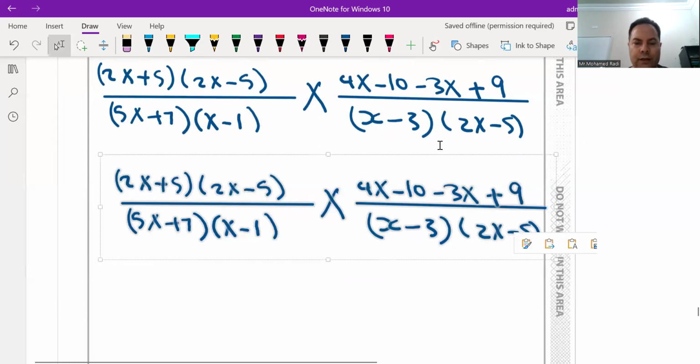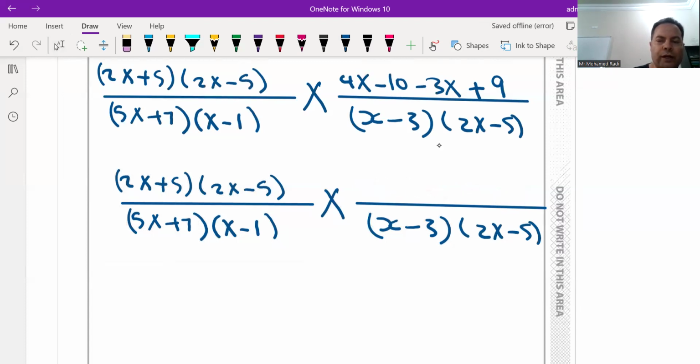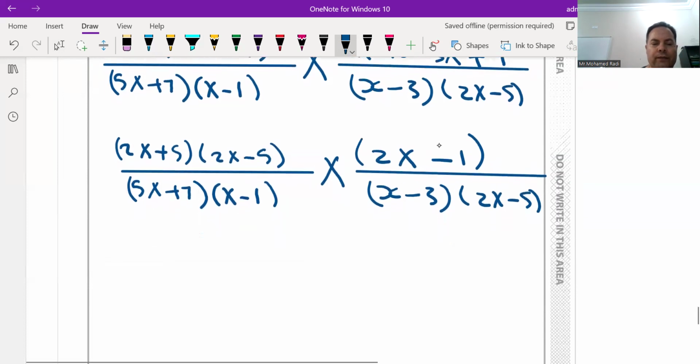Second part, just simplify. 4x minus 3x will be 2x. Negative 10 and 9 would be negative 1. Now we start to simplify, like (2x minus 5) and (2x minus 5). We can remove (2x minus 5) with (2x minus 5).